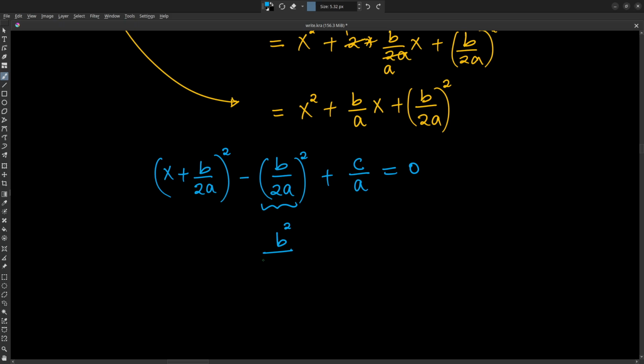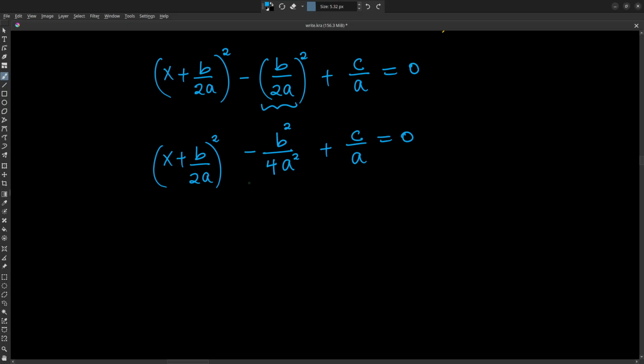So 2 squared gives us 4, and then we have a squared, because that is the square of a. The sign is minus, and then at the start, of course, we have x plus b out of 2a, all of this squared, and to the right we have plus c out of a equals 0.